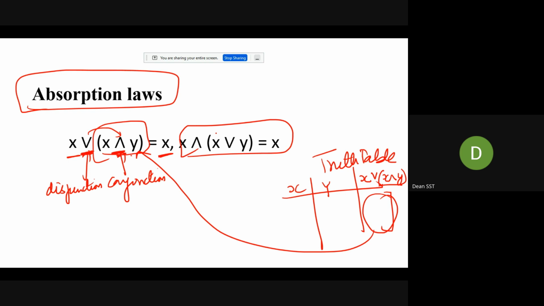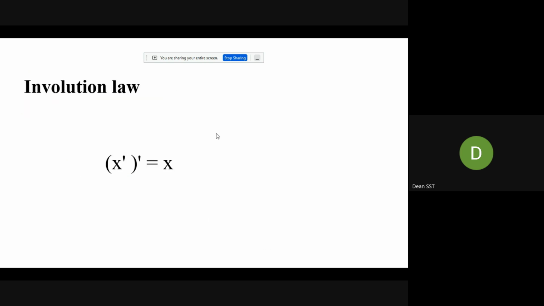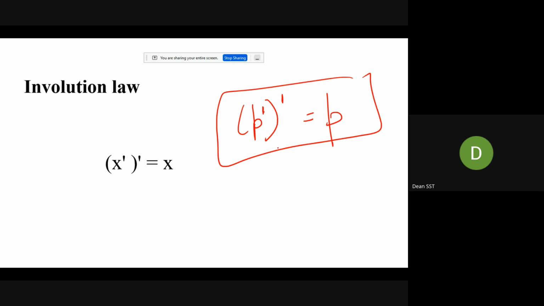Fine. Then the involution law. Involution law means P's complement, again complement will give you P back. Fine. Is it clear? For example, 0's complement, again complement will give us 0. See, 0's complement is 1. Fine. And 1's complement is 0.